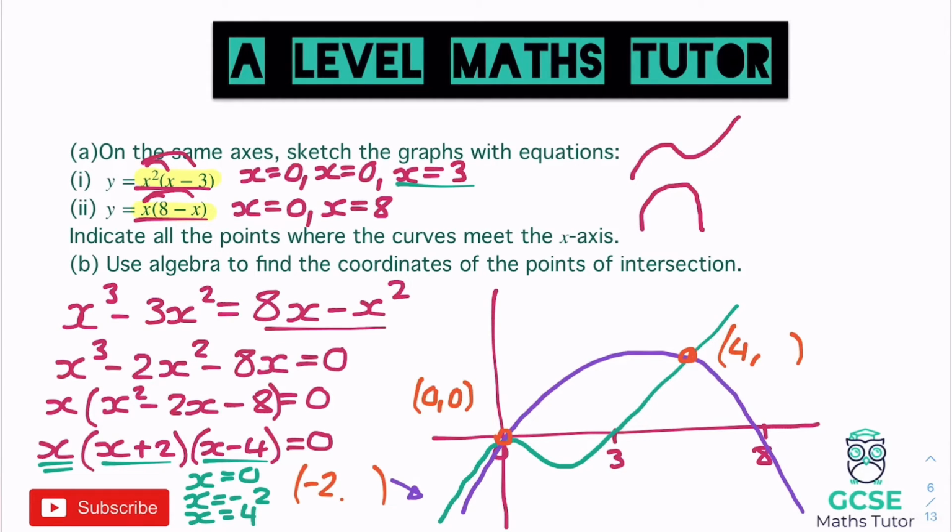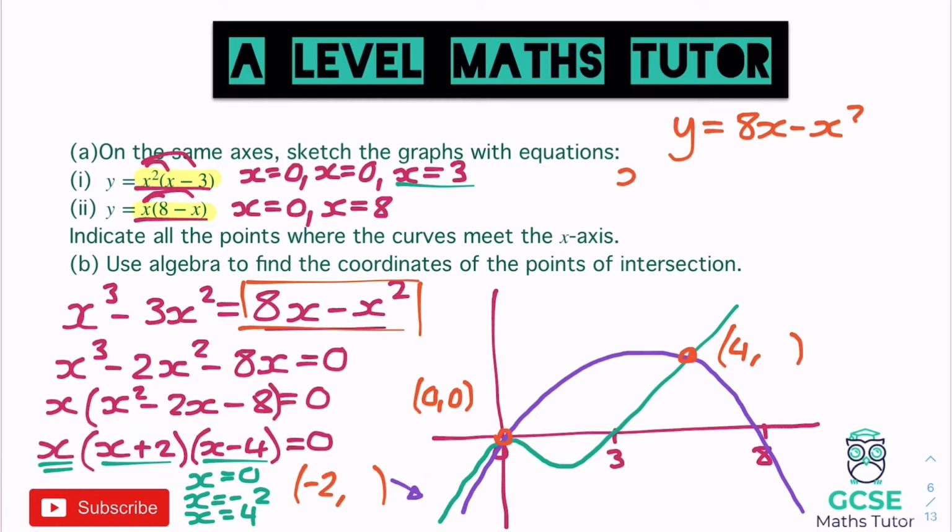So again, we just need to find the y coordinates for these. Again, neither of these are particularly easier than the other to substitute into. I'm going to go with the one with the squared in, so I'm going to substitute into y equals 8x minus x squared.